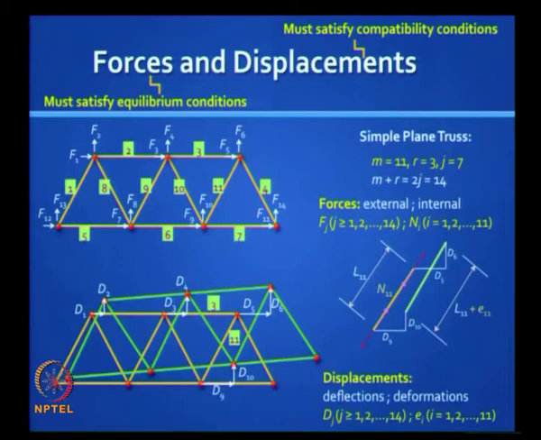To begin, this slide shows what we mean by coordinates, how we use these coordinate indices to identify external joint forces and joint displacements. Fj and dj are the respective joint forces and joint displacements in a truss at the pin joint.